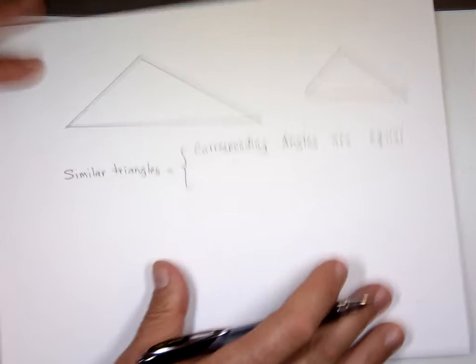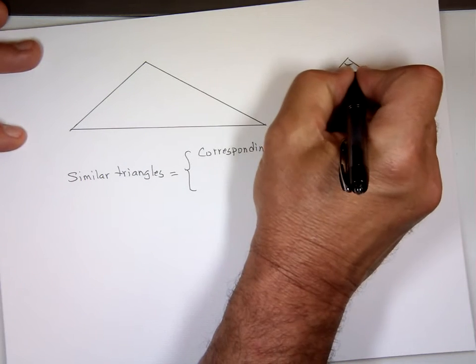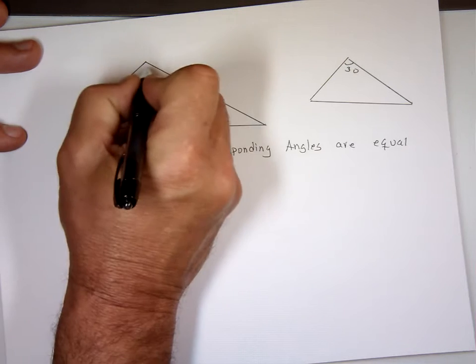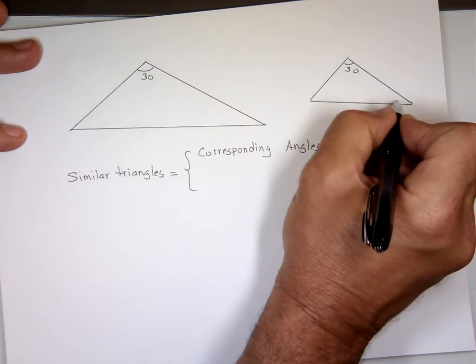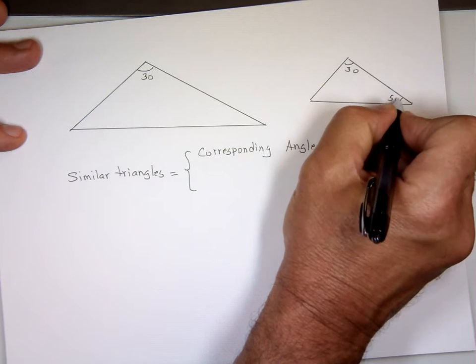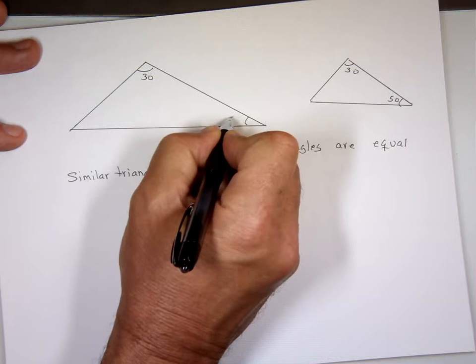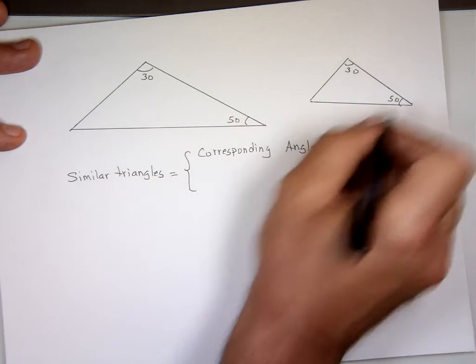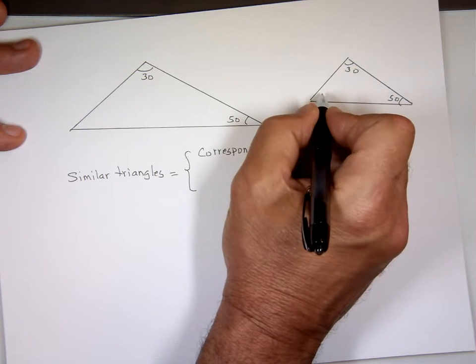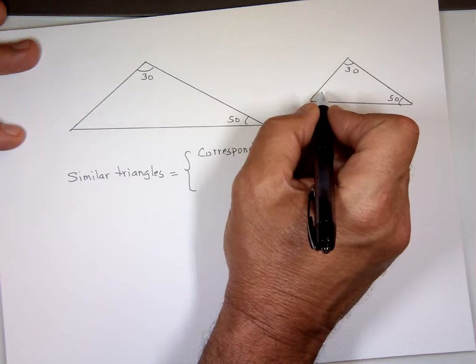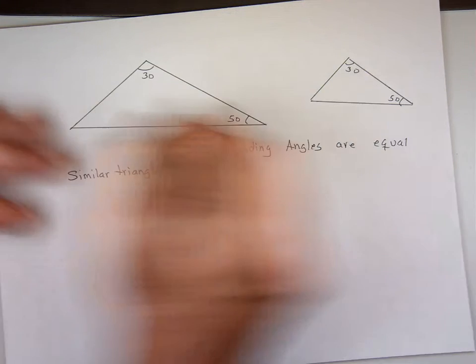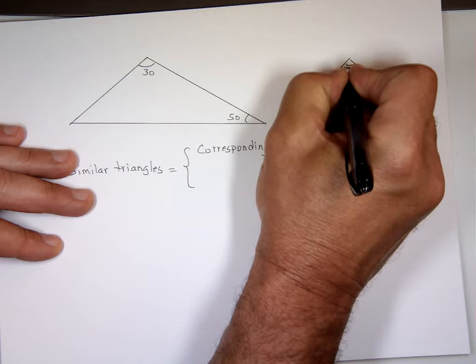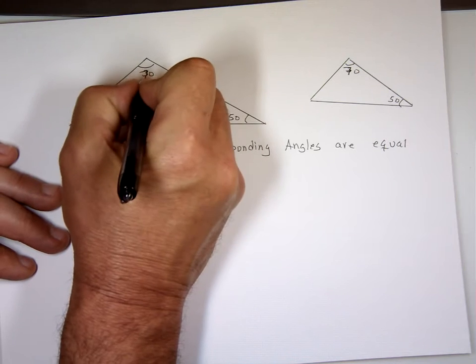So for example, if these are similar triangles, if this is 30 degrees, guess what this angle is? 30 degrees. If this is 50, guess what this angle is? 50. Well, my picture is deceiving here because they have to add up to what? 180. So let's make the top one 70. Sometimes I don't think about the stuff I'm saying.